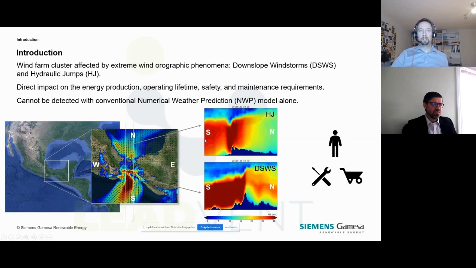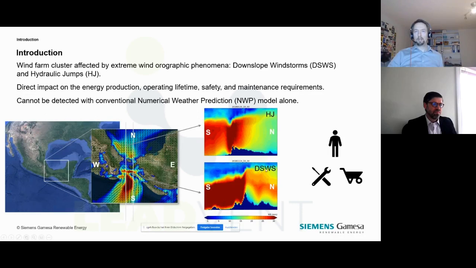And if we present all the wind speeds, the colors, as I've said, are corresponding to the wind speeds in this cross-section. And there are certain critical weather events that are visible and that are sometimes happening. One is called hydraulic jump, and the other one is called downslope windstorm.